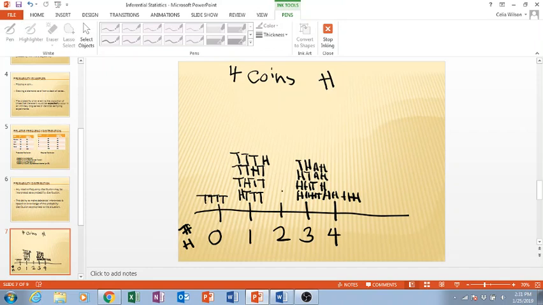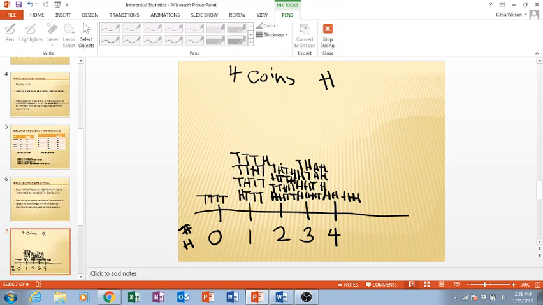What are the different combinations of ways I could get 2 heads? Well, I could get the 2 heads first and then 2 tails. Or I could get the reverse of that: 2 tails and then 2 heads. I could get a head with a couple tails in the middle and then another head. I could get tail, head, tail, head.